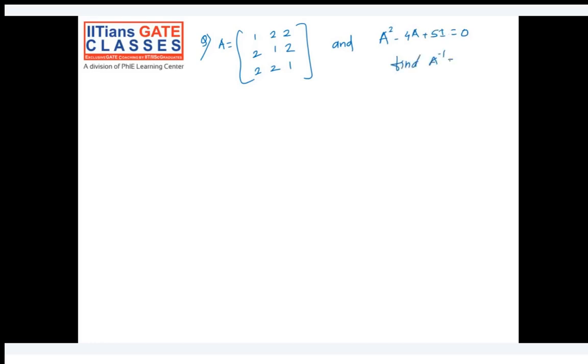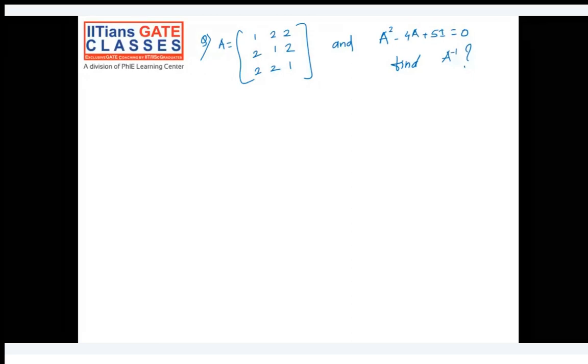You should be in a position to solve it. Can you tell me how you will find the solution for this particular problem? Multiply that equation by A inverse. Yes, correct. So it's A square minus 4A plus 5I equal to 0.